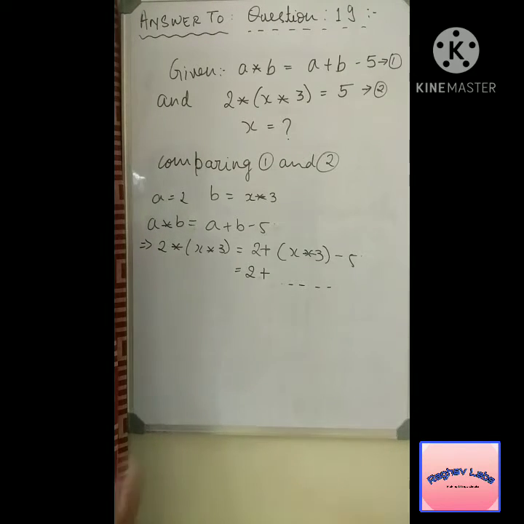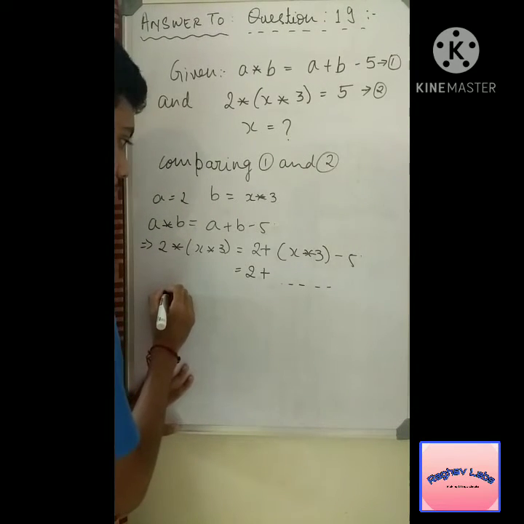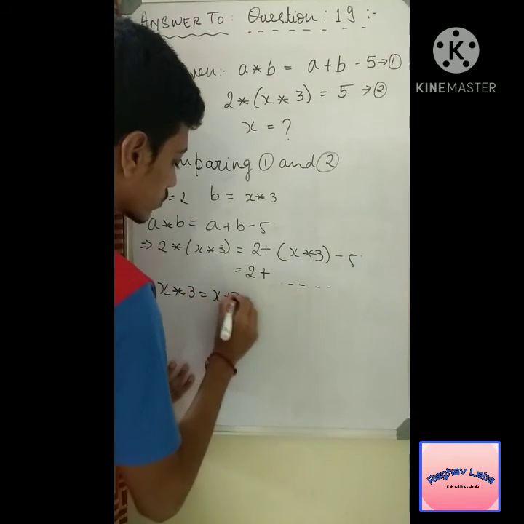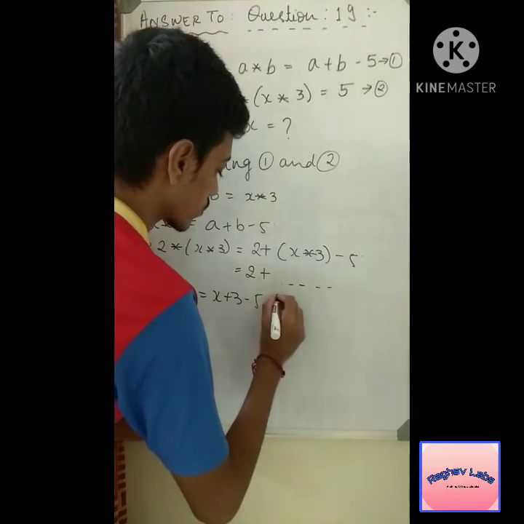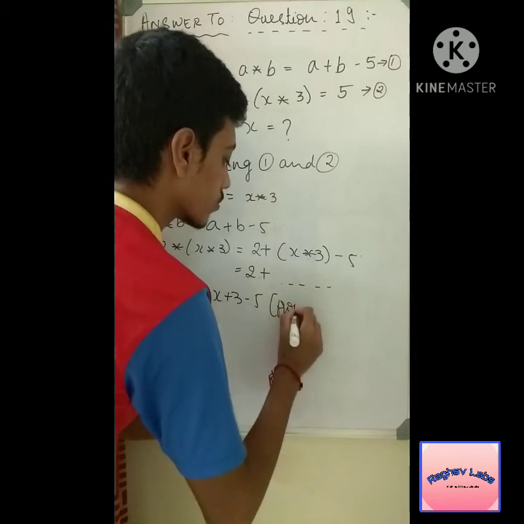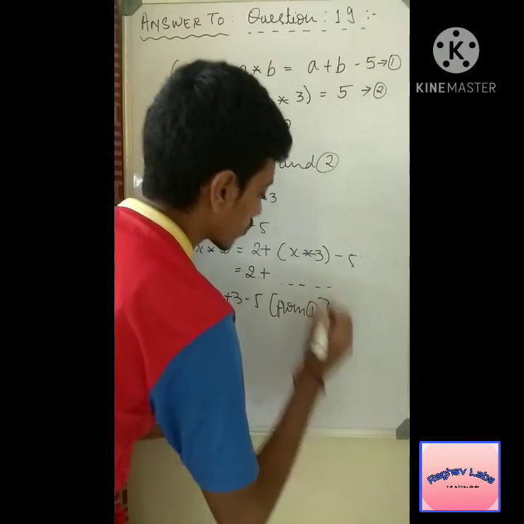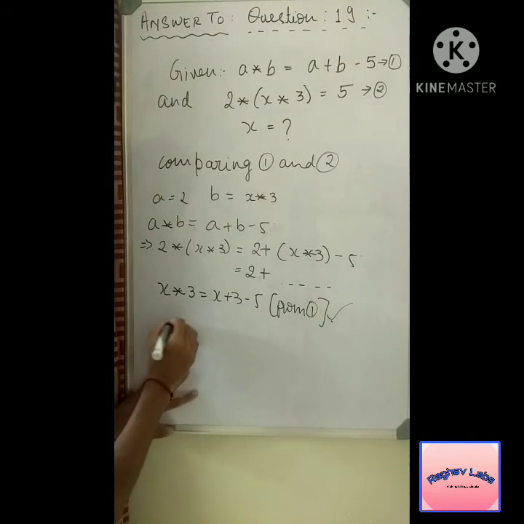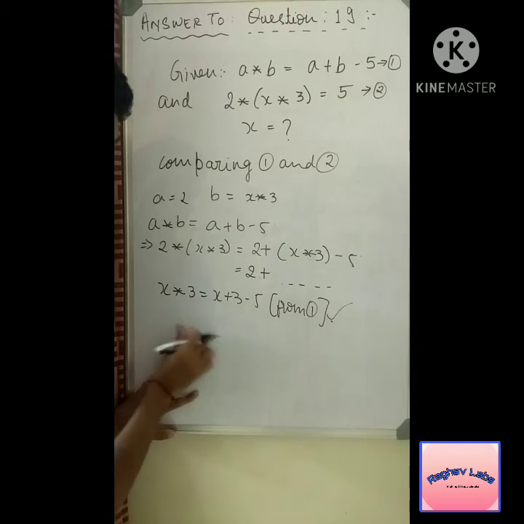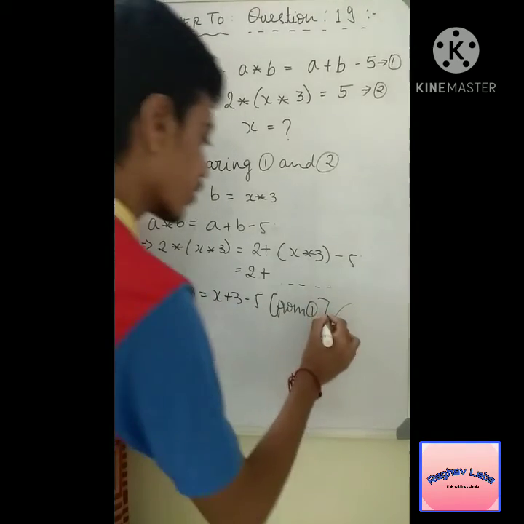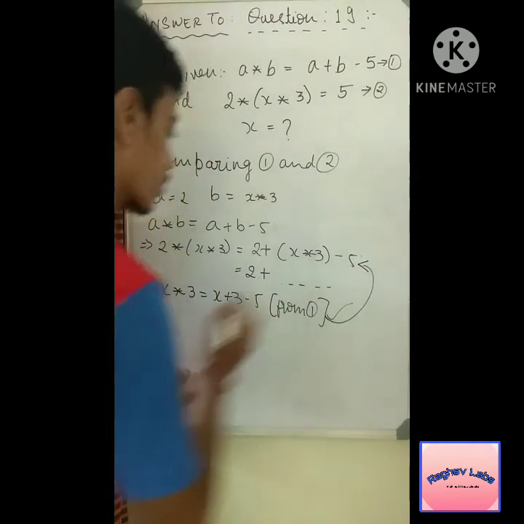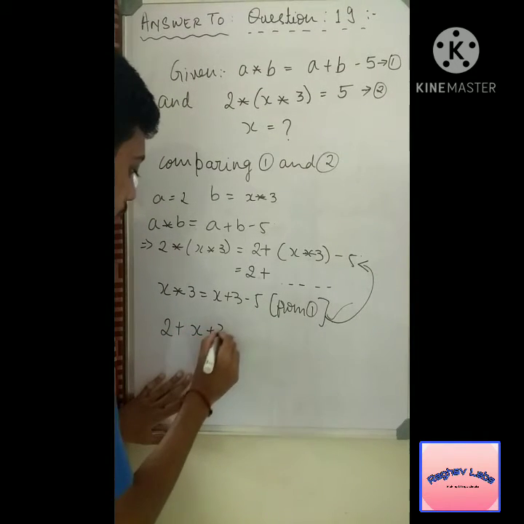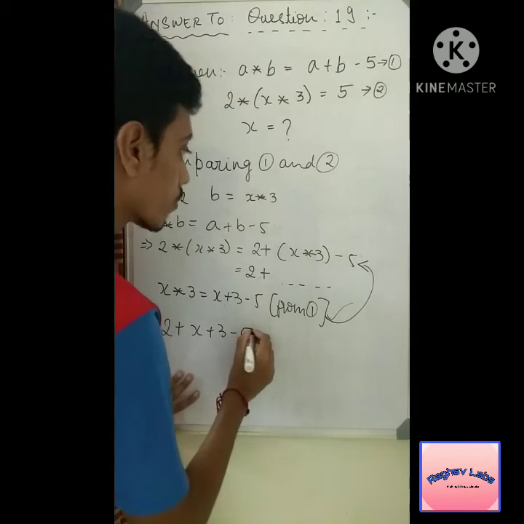Now, I'll write it in the form of dotted lines because I'm going to explain it to you. x star 3 is equal to x plus 3 minus 5, right? So, use this from 1. So use this x plus 3 minus 5 in the previous equation, which is 2 plus x star 3 minus 5, right? 2 plus x plus 3 minus 5 minus 5.